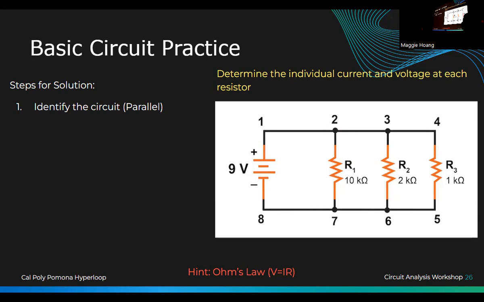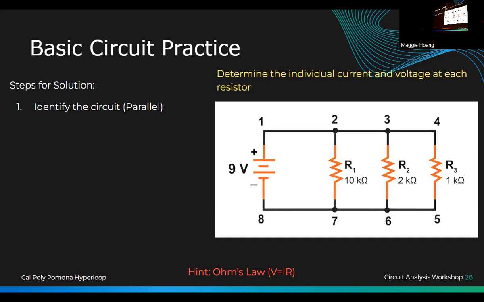So what she was saying was that if you combine all the resistors together and then find the current, you would find I total, 9 volts over R total.